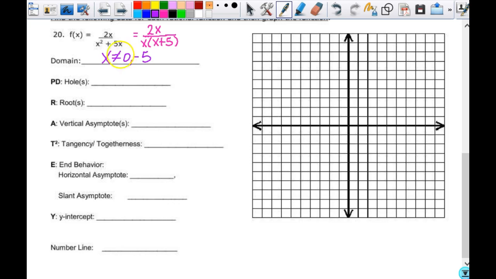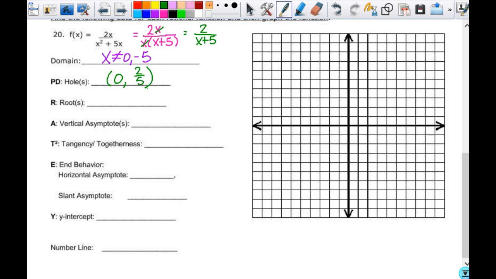Okay, so then I see if I can reduce. I can reduce. I can cancel those x's out, which means I have a hole when x is 0. And then this gives me 2 over x plus 5 as my reduced rational. So when I plug in 0 for x, that's going to give me 2/5 as my y value.